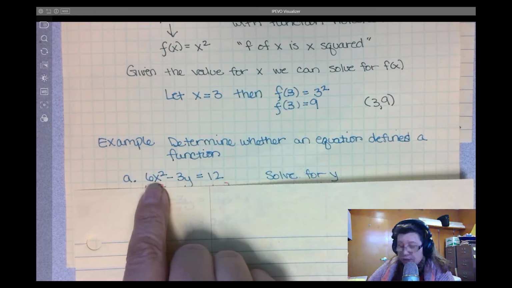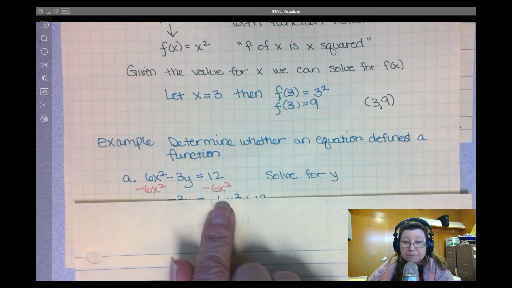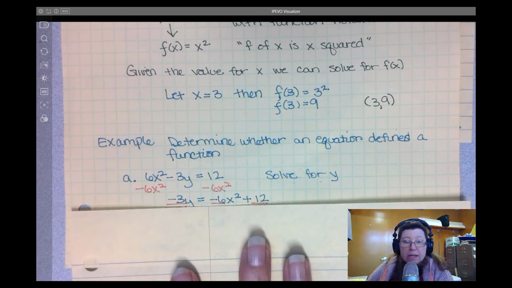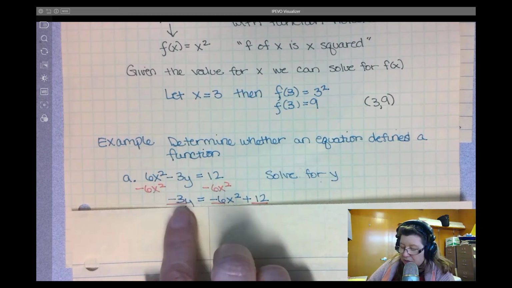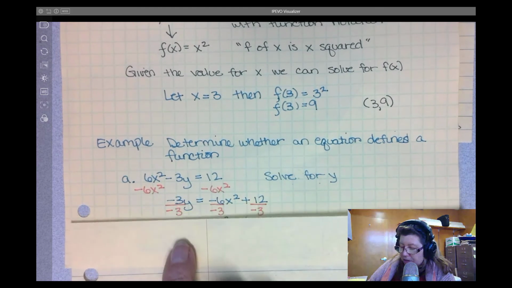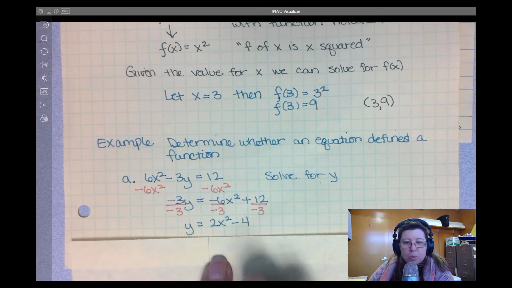First things first, let's get rid of this 6x squared. I'm going to subtract 6x squared from both sides, and I get negative 3y equals negative 6x squared plus 12. Divide each term by that negative 3 so we can get y all by itself.